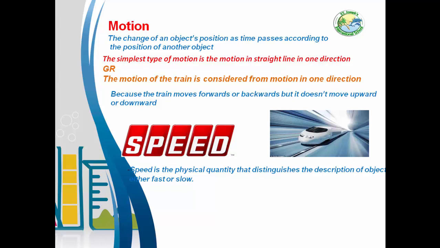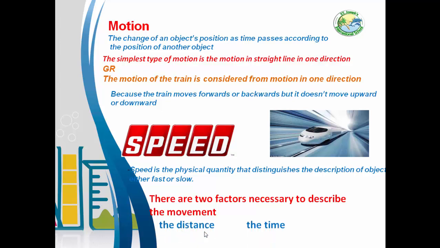So from these two exercises we can conclude the two factors that are necessary to describe motion. What are they? Of course, distance and time.